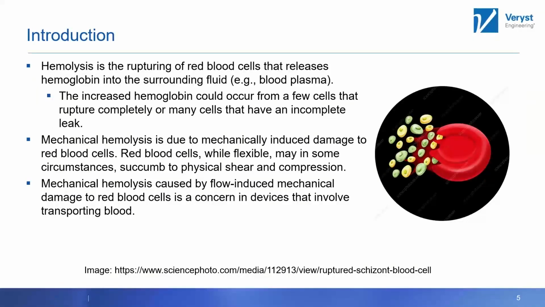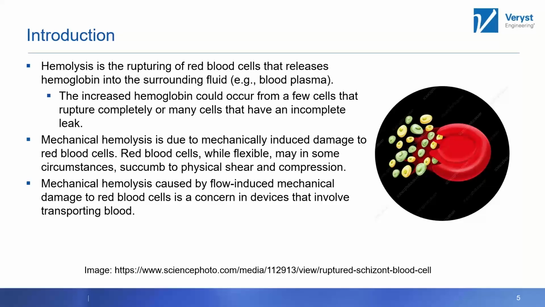Okay, so what is hemolysis? Hemolysis is the rupturing of red blood cells that releases hemoglobin into the surrounding fluid, which is basically blood plasma. The increase in hemoglobin could occur because some cells are ruptured, or because many cells have leaks, incomplete leaks through them.